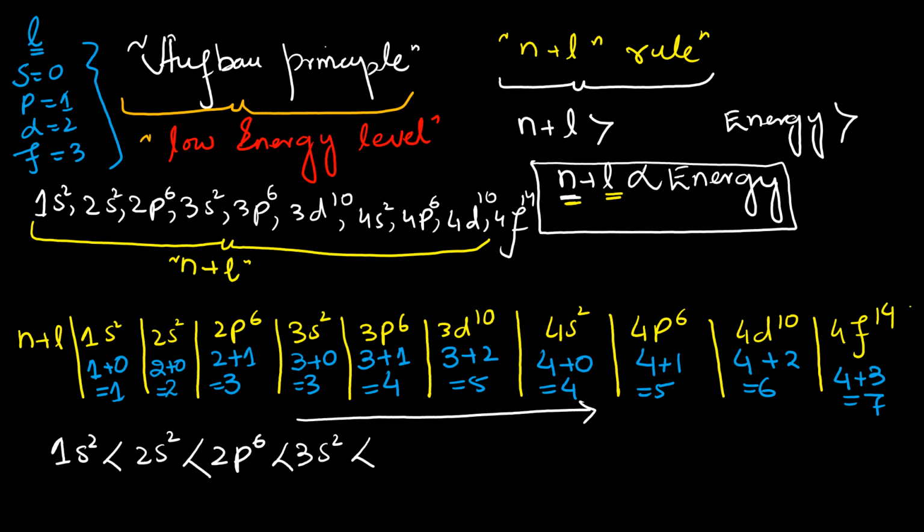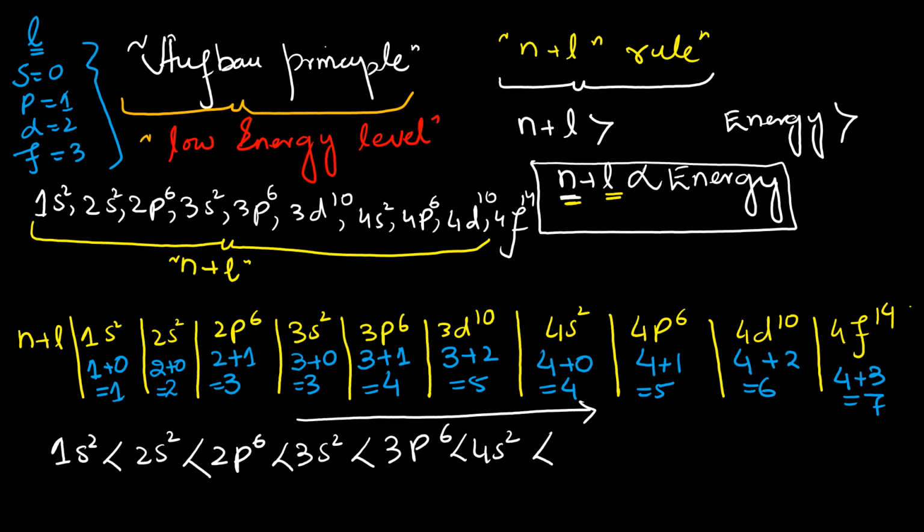Similarly, the n plus l value of 3p6 is 4 and of 4s2 is 4, but the principal quantum number of 4s2 is higher, so we can write that 3p6 has less energy than 4s2.